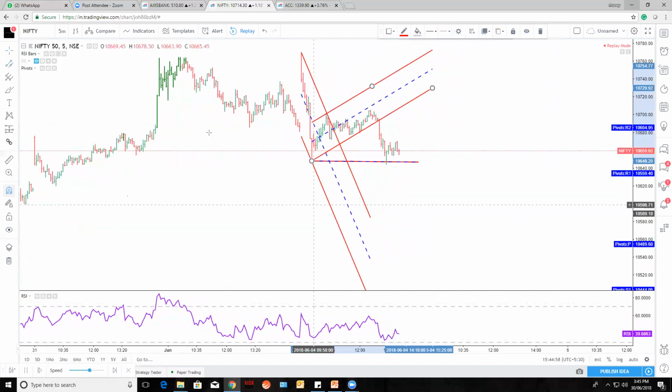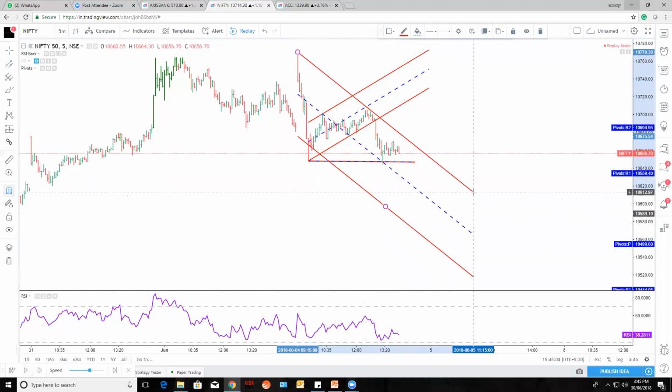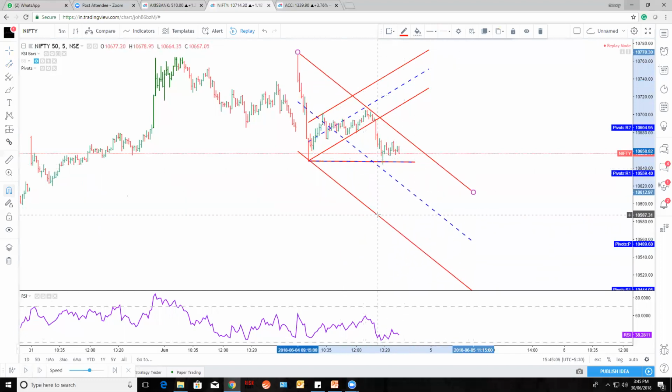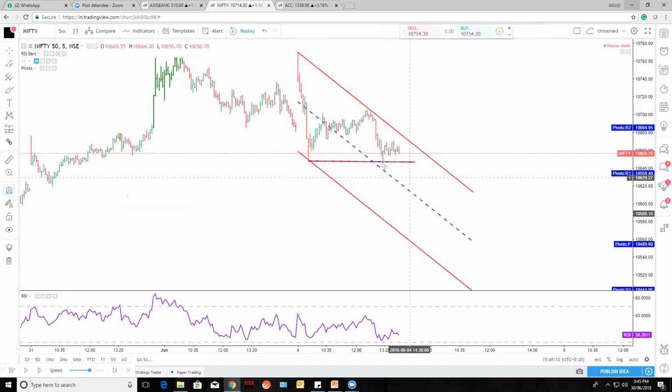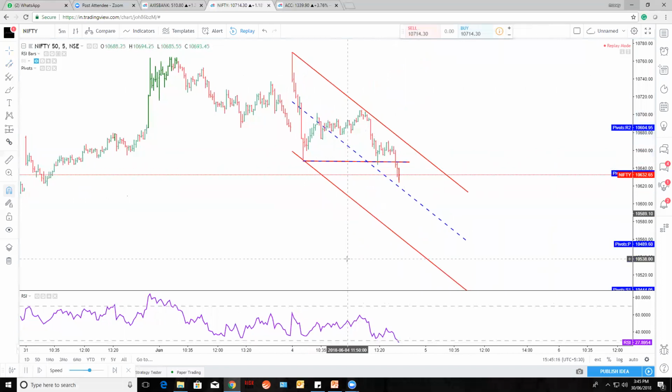Now it crossed the low. Now it crossed the low. Then our valid channel will shift from here to this. So this is a valid channel as of now. As it broke this low, we will see further how it goes, whether it went up or came down.